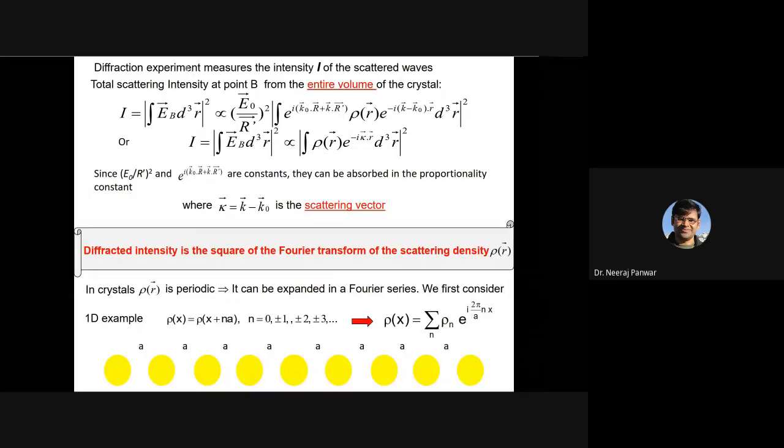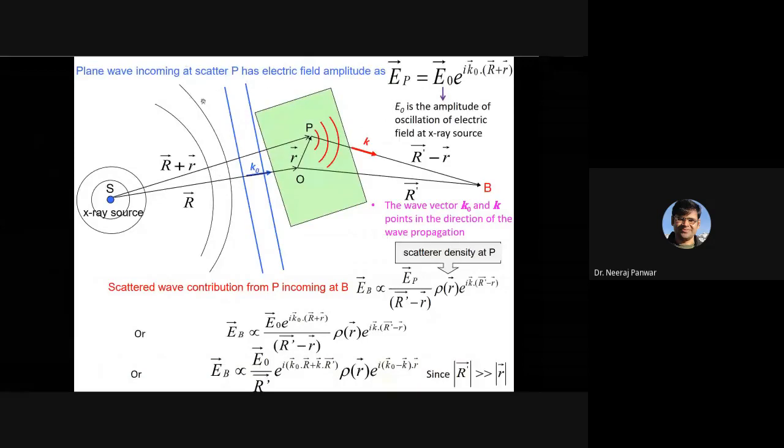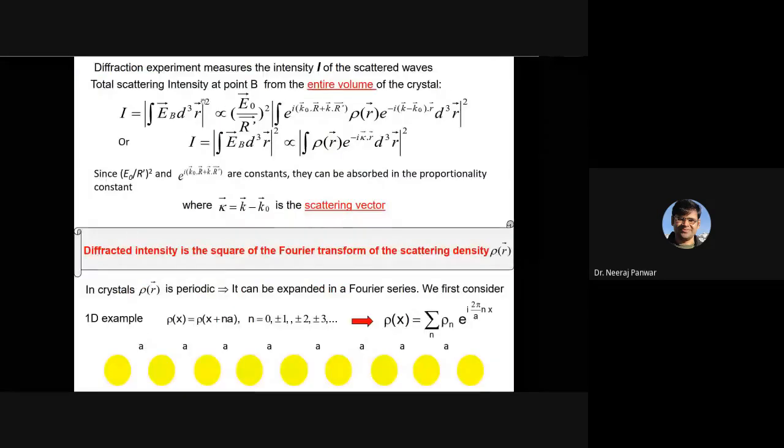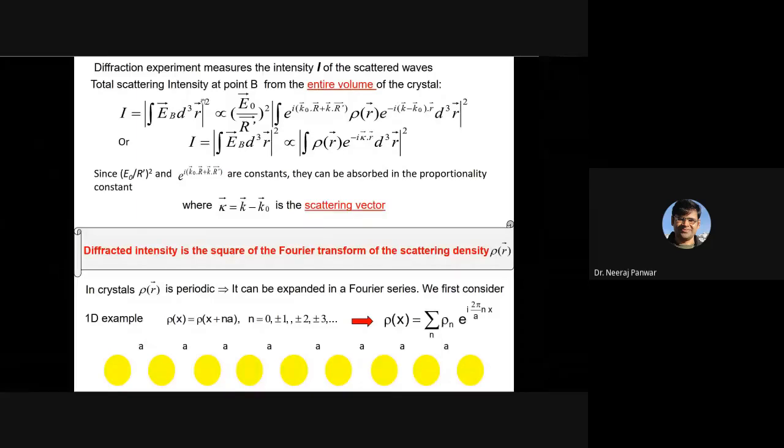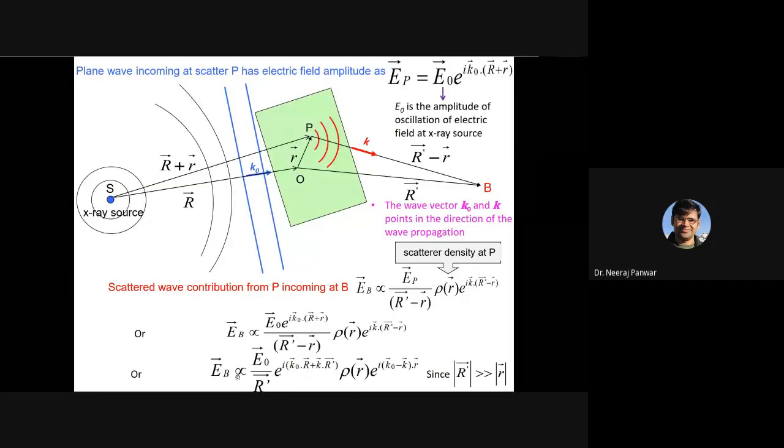Now a detector measures the intensity. And we know that intensity is the square of the amplitude, and we have calculated the amplitude here. If we square it, then we will get the intensity of the X-rays scattered from the point P. But we are interested in the intensity of X-rays scattered from the whole crystal.